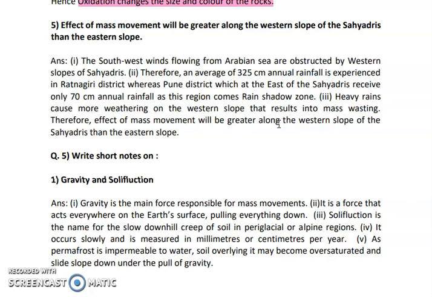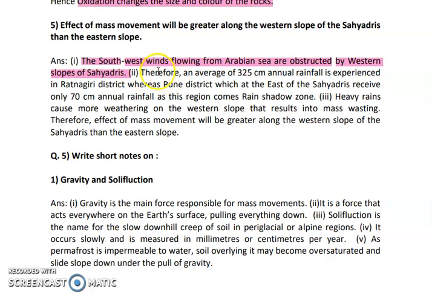Mass movement will be greater along the western slope of Sahyadri than the eastern slopes of Sahyadri. Okay. Now, the southwest winds from the Arabian Sea are obstructed by the western slopes of Sahyadri. Therefore, an average of 325 centimeters of rainfall is experienced in Ratnagiri district, whereas Pune district, which is east of the Sahyadri, receives only 70 centimeters of annual rainfall, as the region comes under the rain shadow zone.